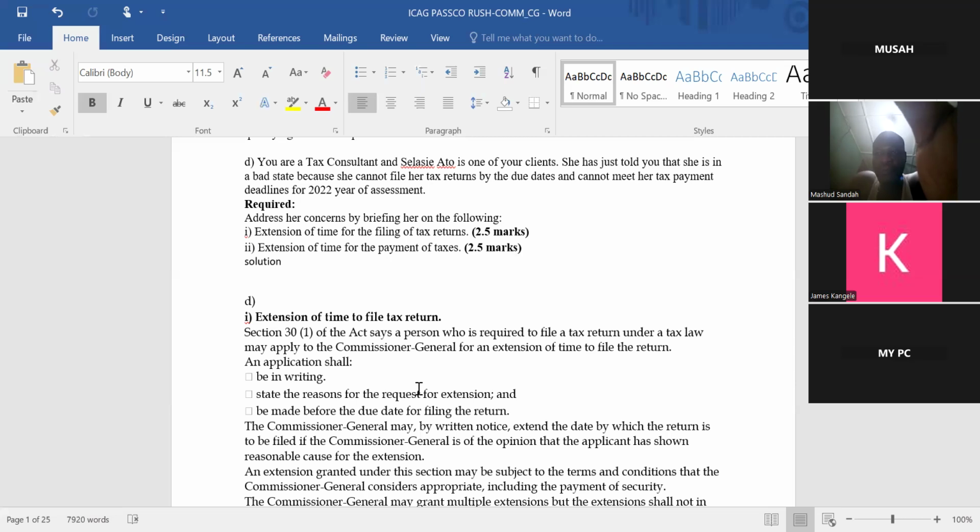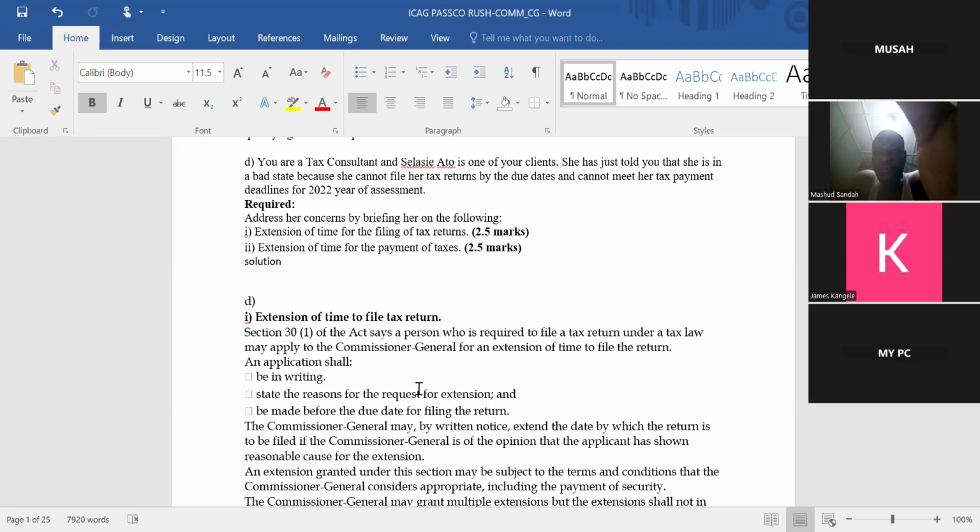So now the examiner asks us, assuming that the client says that he is unable to meet the deadline. Don't forget, per the law, the Act, there are penalties if you are not able to file and pay, for example the taxes withheld, the withholding tax and the PAYE.